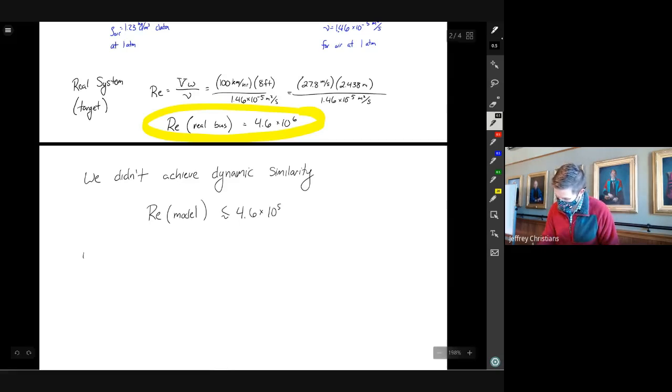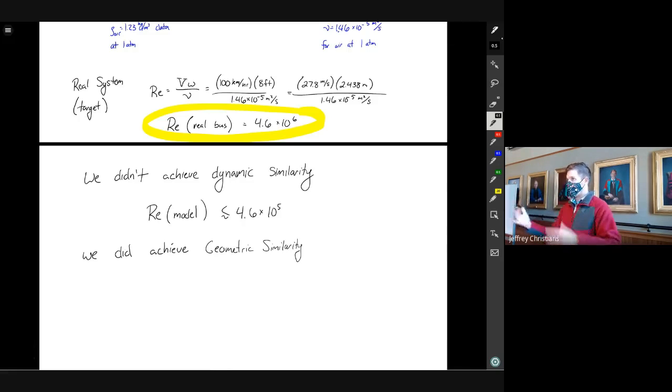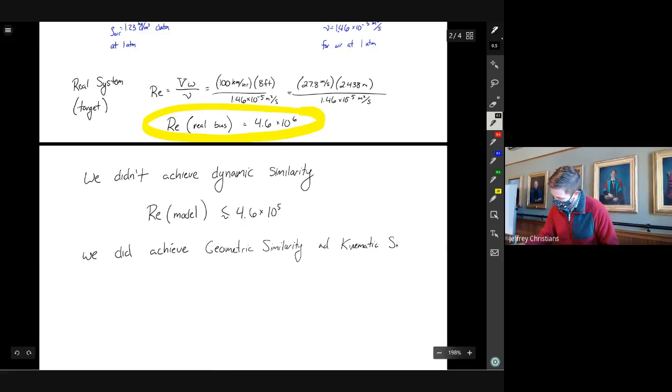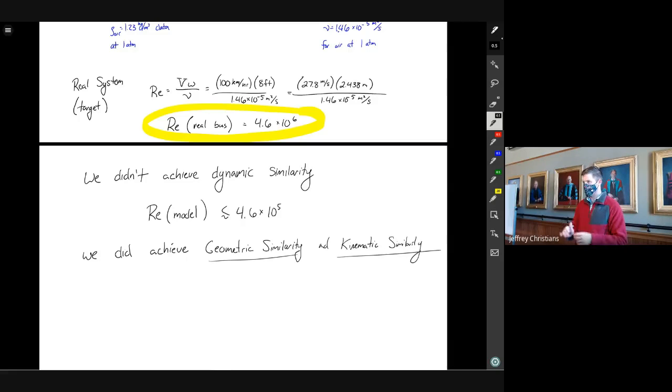So we did achieve, I'll write it with a capital G, geometric similarity, right? We had a good model, and kinematic similarity, right? Our model was good. The general picture of the flow was good.